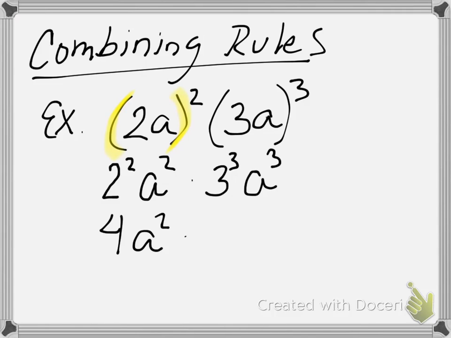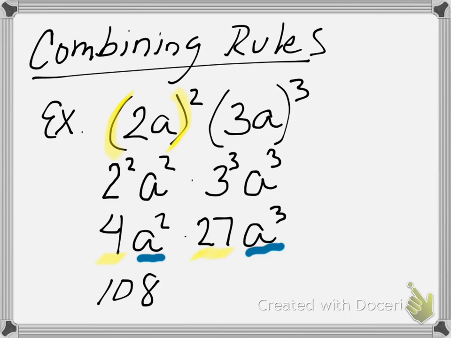So 3 cubed is 3 times 3 is 9, 9 times 3 is 27, A cubed. I can go farther because there's whole numbers, so they're alike, and there's exponents with the same base. So I can combine there. So 27 times 4 is 108, and A squared times A cubed is A to the 5th. So that would be my final answer.